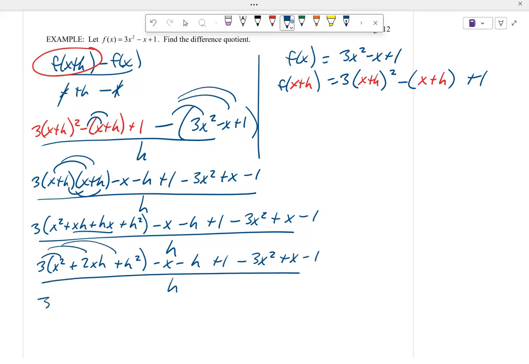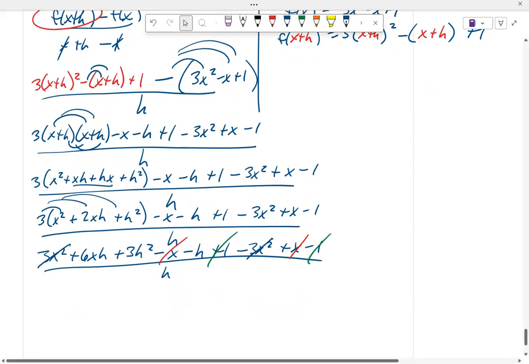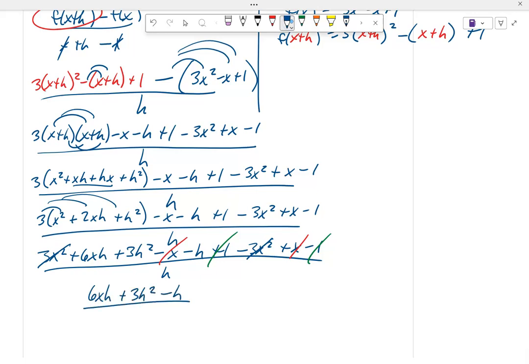I'm going to distribute. 3x squared minus 3x squared is gone. I've got a minus x plus x, that's gone. I've got a plus 1 and a minus 1, that's gone. So it looks like I have 6xh plus 3h squared minus h. This is all over h.